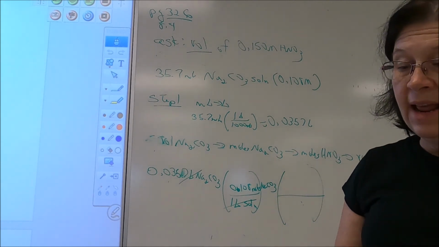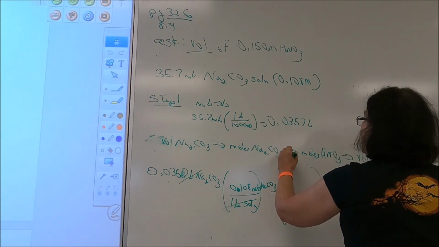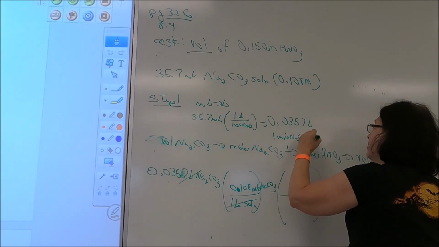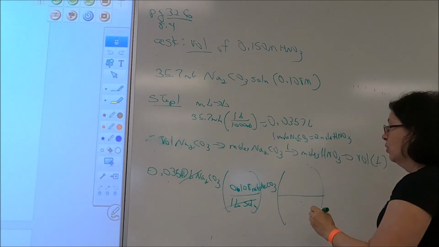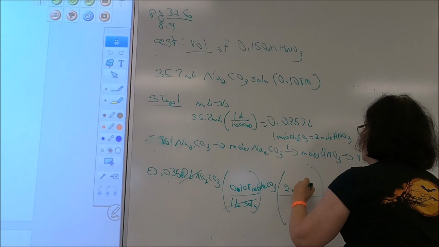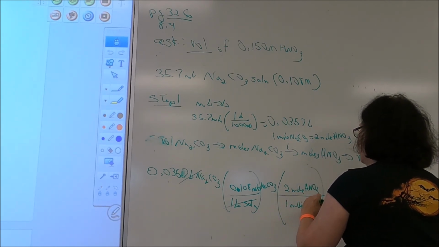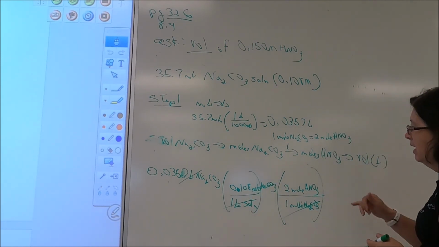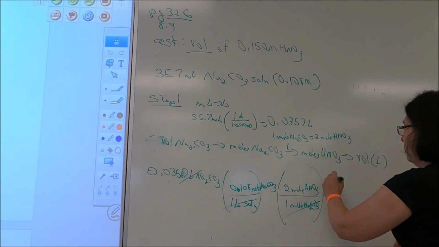Following our pattern, the next thing we need to do is go from moles of sodium carbonate to moles of nitric acid. The relationship here is 1 mole of sodium carbonate for every 2 moles of nitric acid. I got that from the balanced chemical equation. So 2 moles of nitric acid, 1 mole of sodium carbonate, and the moles of sodium carbonate divide out. Now I'm in moles of nitric acid.